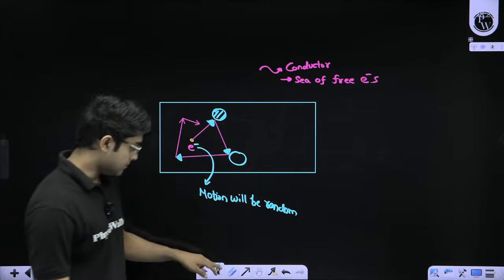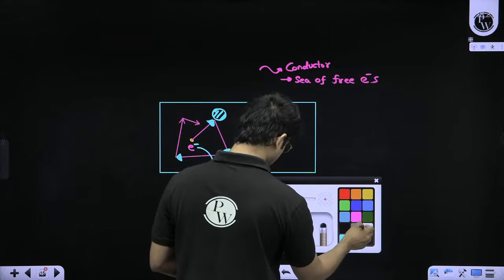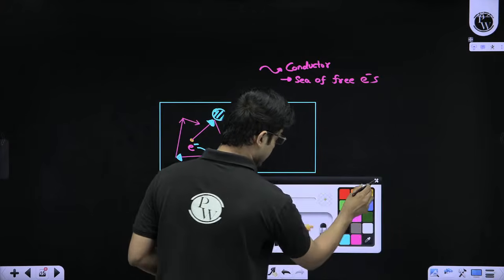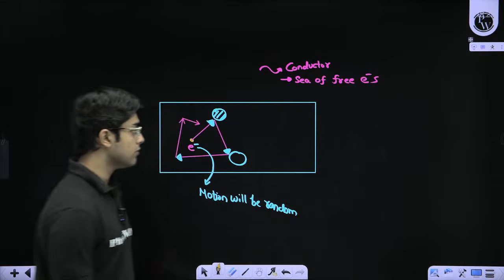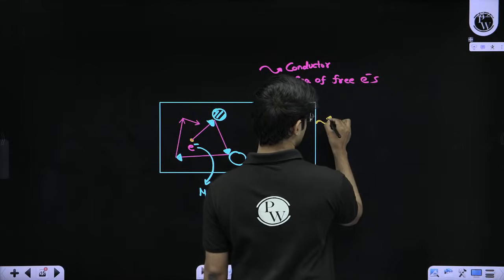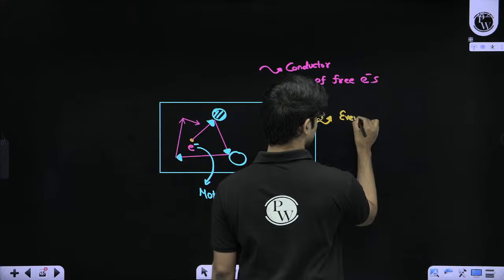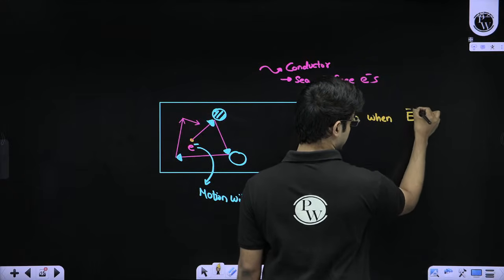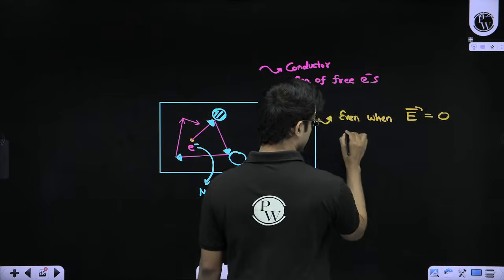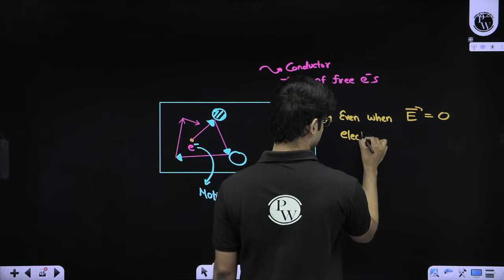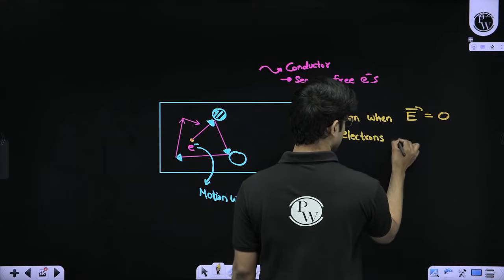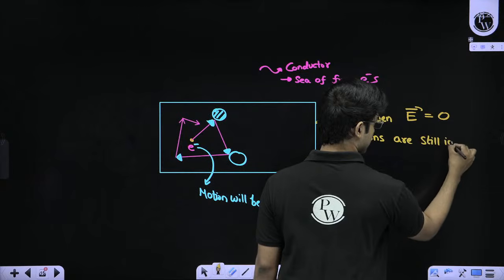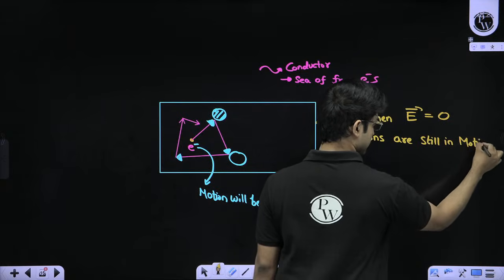Now, this is an important part. The important idea is that electrons are still moving, right? Even when the external electric field is 0, the electrons are still in random motion.